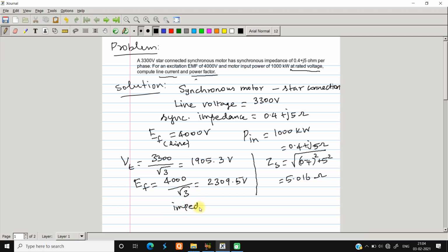Impedance angle can be found out from this particular impedance value itself. So theta z will be tan inverse of x by r. So what is x? X is going to be 5 and r is going to be 0.4. From that we can find that the value of theta z is going to be 85.43 degrees.